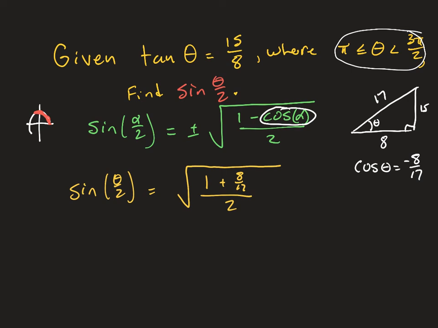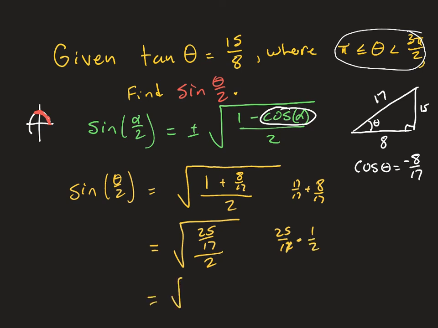Now it's just a matter of simplifying this complex fraction. Instead of doing 1 plus 8 over 17, I'm going to do 17 over 17 plus 8 over 17, which is 25 over 17. So we're trying to figure out the square root of 25 over 17 over 2 when you do 25 over 17 times 1 over 2. Instead of dividing by 2, it's times 1 over 2. We really just have to do the square root of 25 over 34.